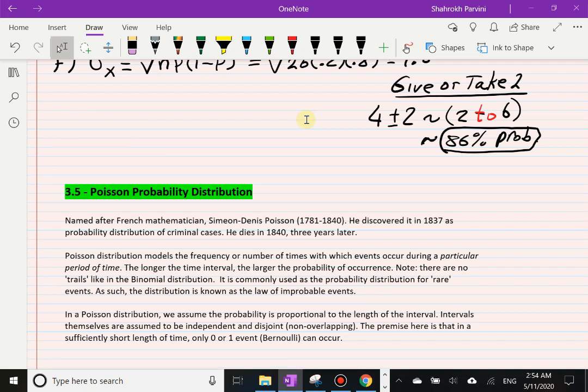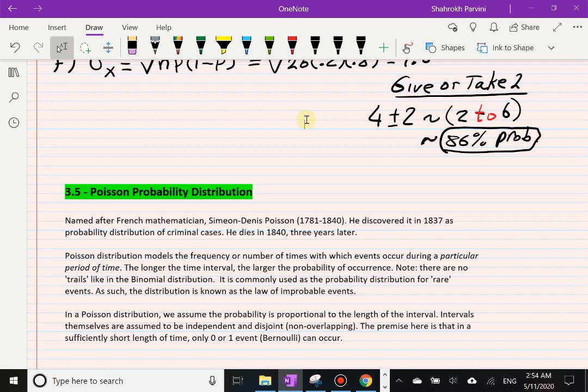Now, in a Poisson distribution, again, we do have the assumption of independence, but we assume that the time intervals are independent of each other. And the probability is proportional to the length of the interval. Proportional to length means the longer the length, the higher the probability.